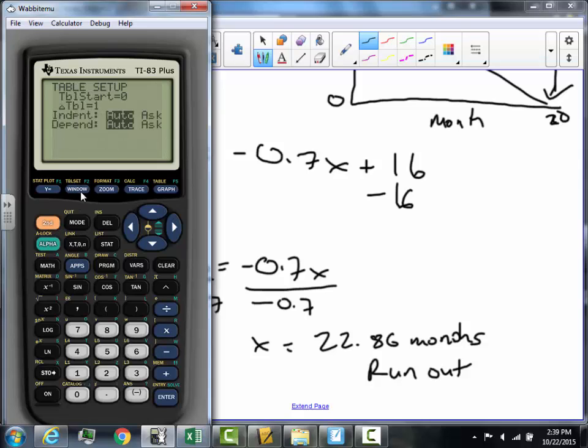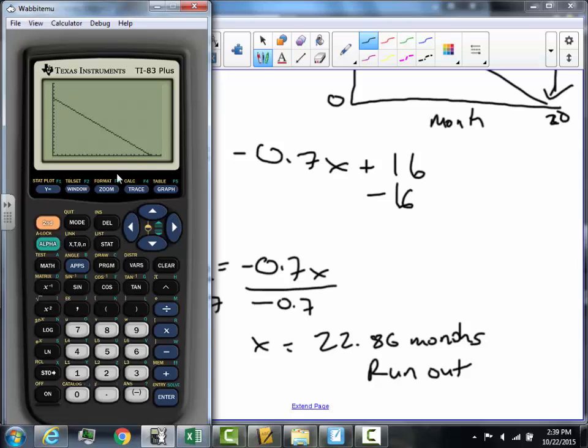I'm going to go to my window. I want to make the window a little bit longer, because I made this go up to 20, but the actual running out was at 22.86. So I'm going to go to 25 in the x direction, just to make sure that the line actually comes all the way down to the bottom right there.